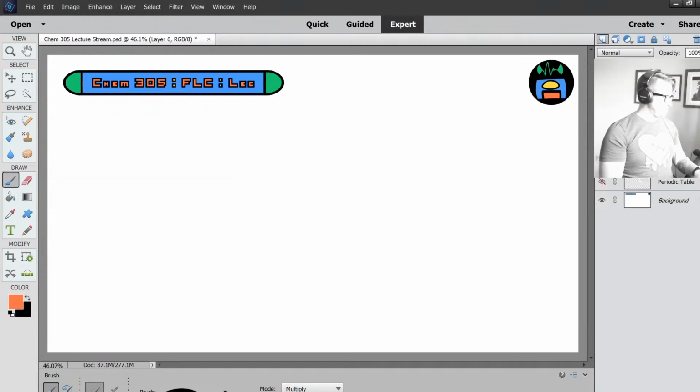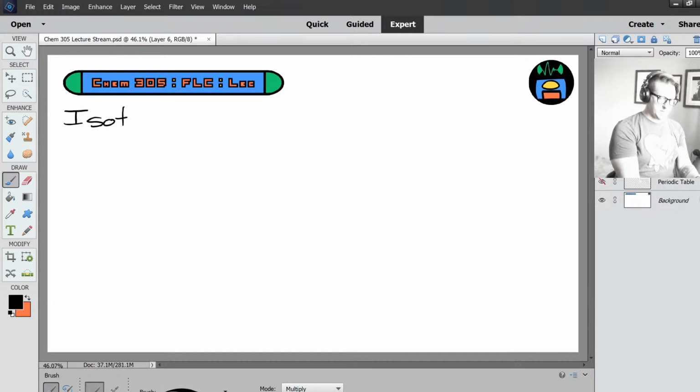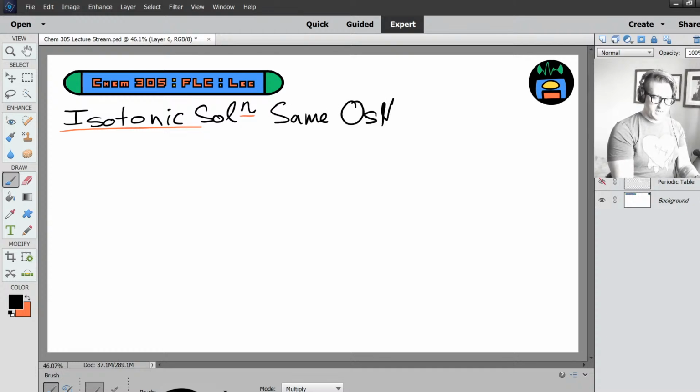It's just to introduce a little bit of vocabulary to this mix. So we say that an isotonic solution is a solution that has the same osmolarity as blood. So we all want to be drinking isotonic solutions.